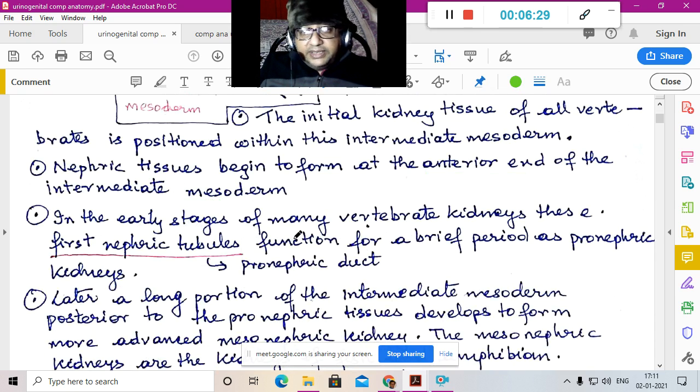In the early stages of many vertebrate kidneys, these first nephric tubules function for a brief period as pronephric duct. This you will see in many vertebrate kidneys.